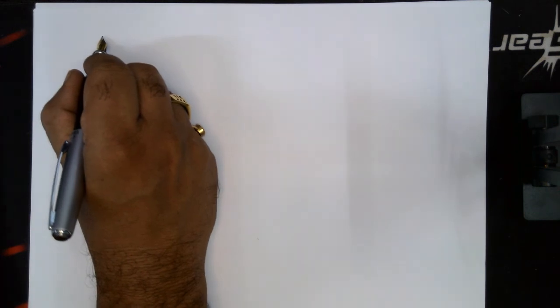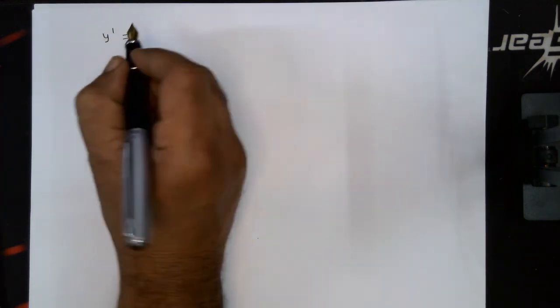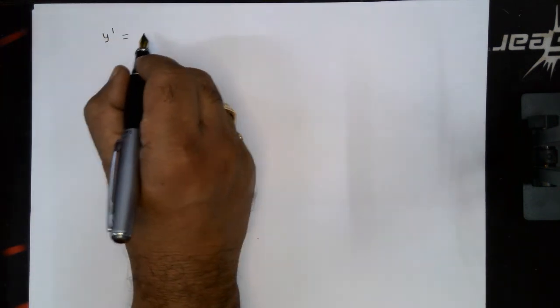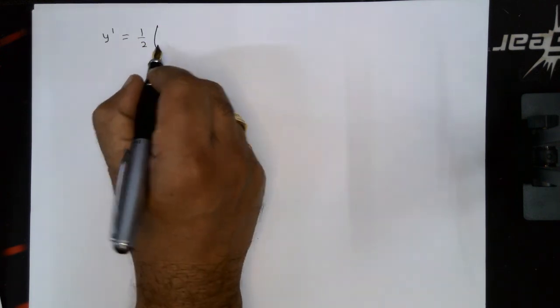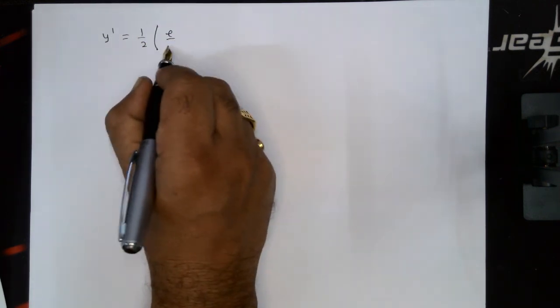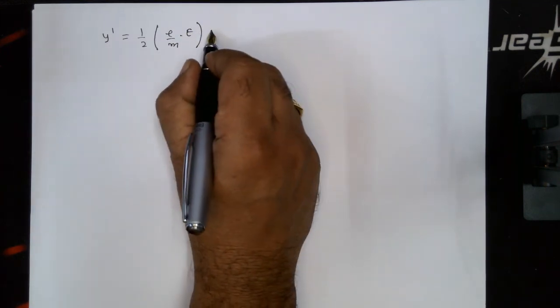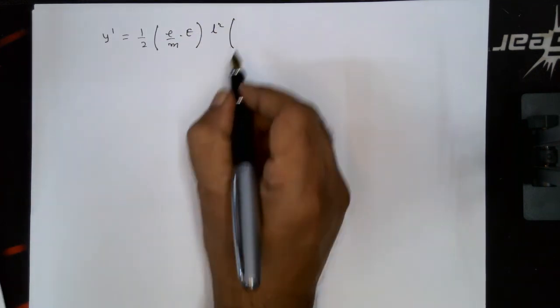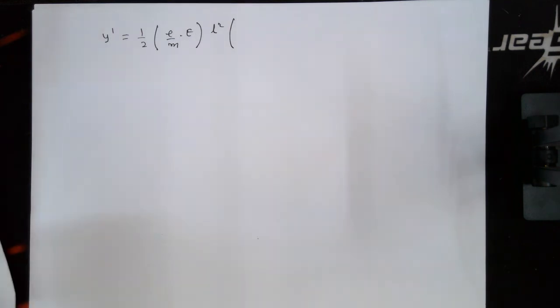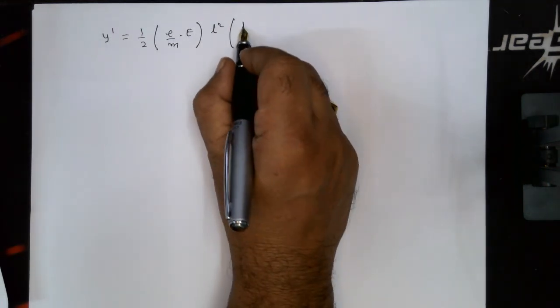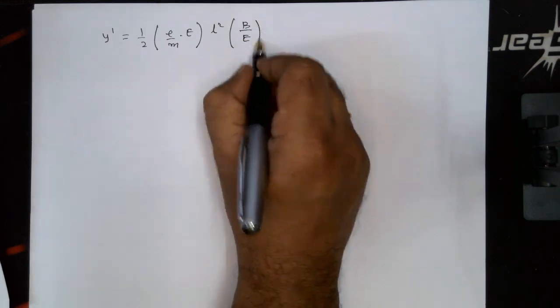Therefore, y dash is equal to 1 by 2 into e by m into E into L squared into, instead of 1 by V, we can put B by E whole square.